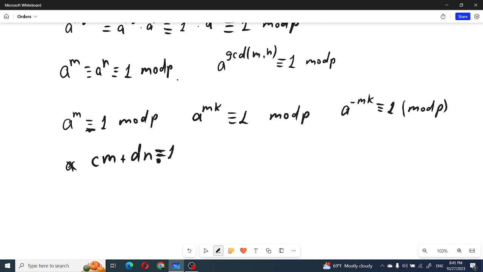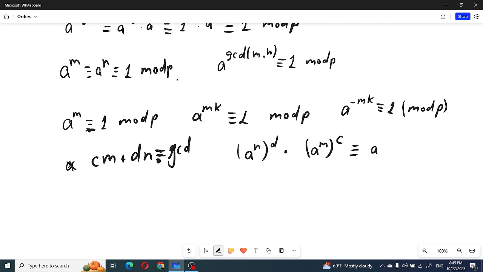So in this case, we can conclude that if we take a to the n to the power of d, and a to the m to the power of c, and take their product, this number must be a to the GCD, sorry.